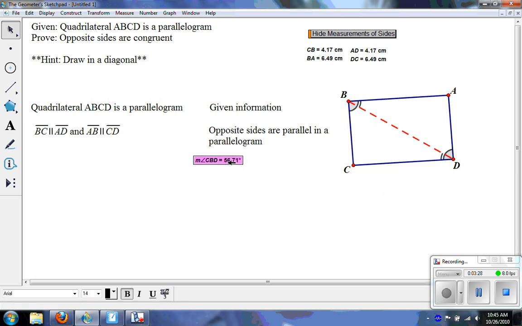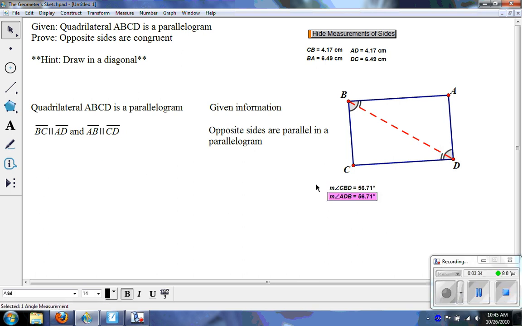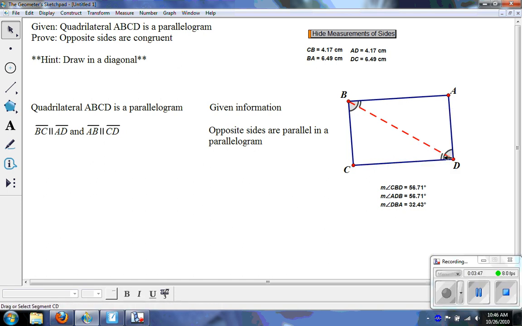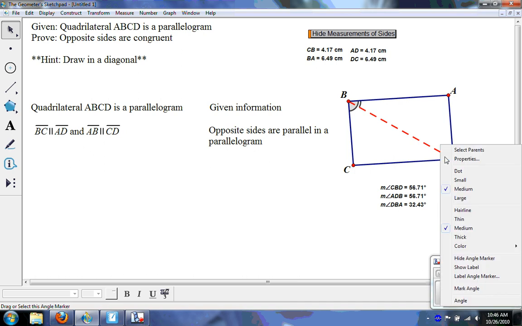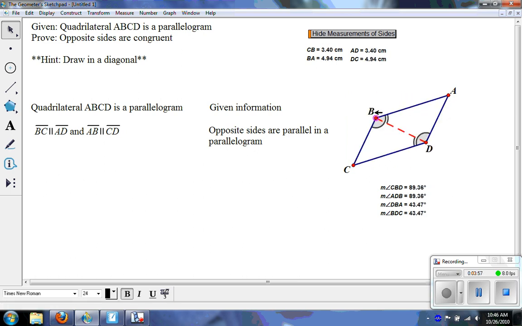So I've got angle CBD, and I can see that they are congruent, and I can do the same thing with the other two small angles, DBA and BDC. And again, I can move that and see that this is always true.